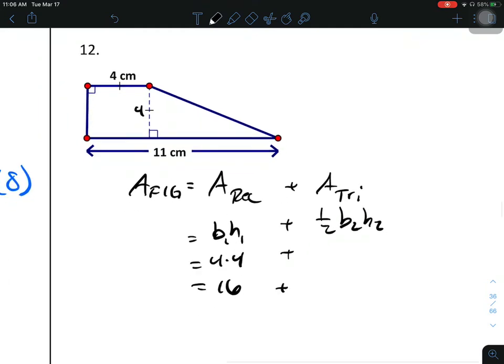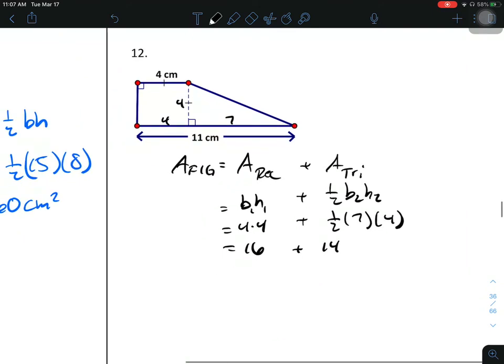I'm assuming the base and height are different, so using different subscript variables. Let's see. Well, the height is clearly 4. So this is the height. This base from here to here, this whole thing's 11. Part of it's 4. It means the other part's got to be 7. So the base is 7. Half of 4 is 2. 2 times 7 is 14. That's going to make this 30 square centimeters is the area of this figure.